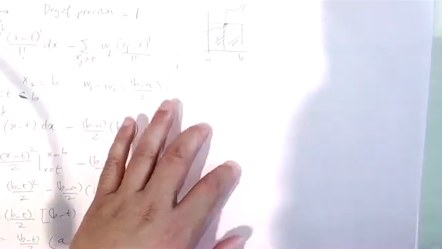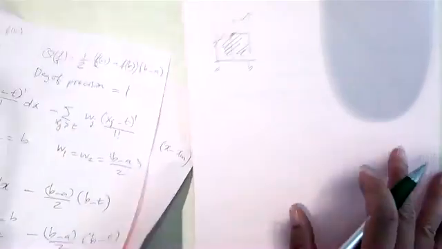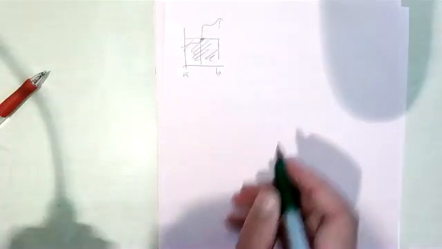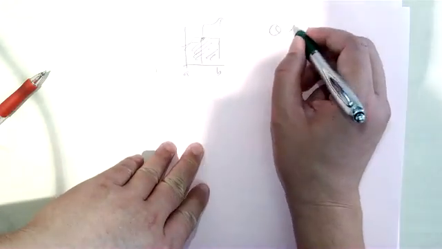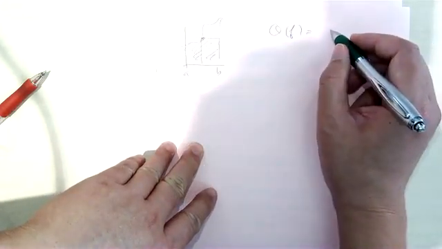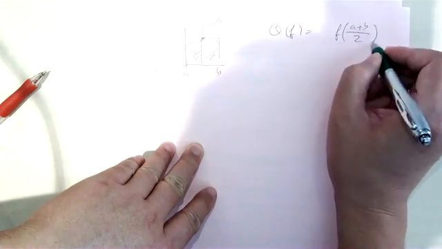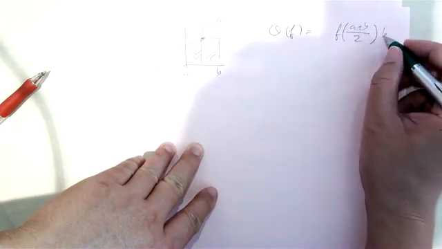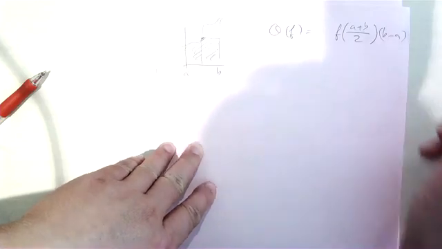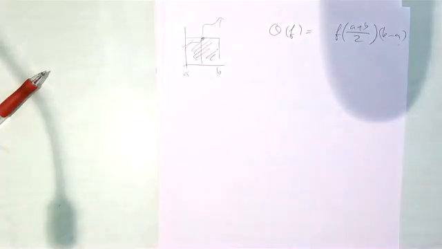The midpoint rule is just f at (a plus b) over 2, times (b minus a). So just take the value at the midpoint and multiply by the width of the interval.